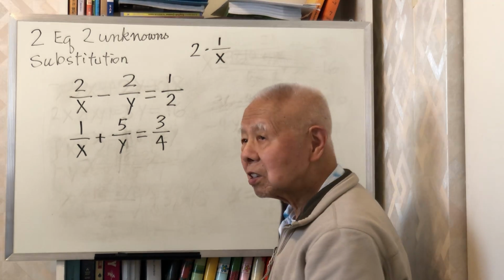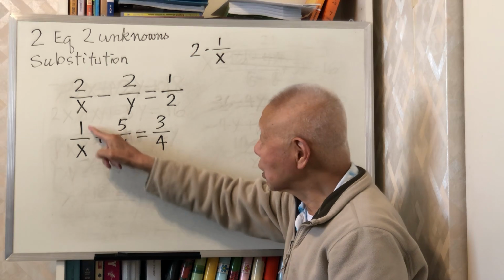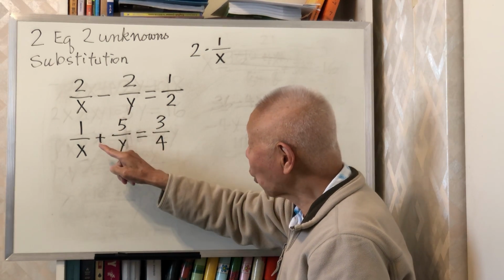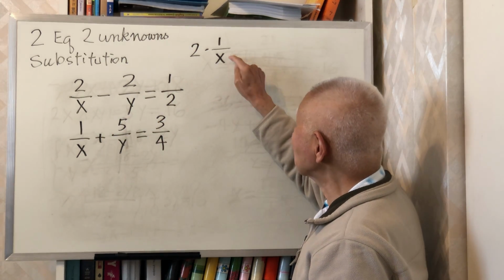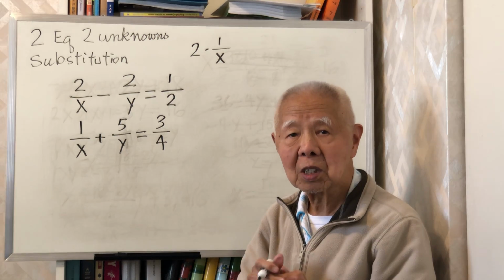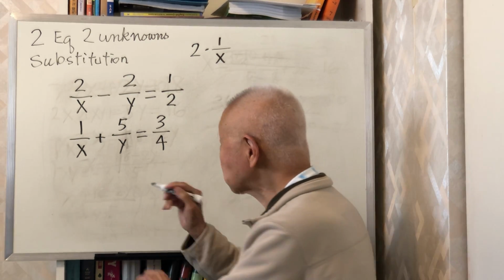So I can solve for 1 over x in terms of y and put 1 over x into here. So this is still substitution. Let's do that.